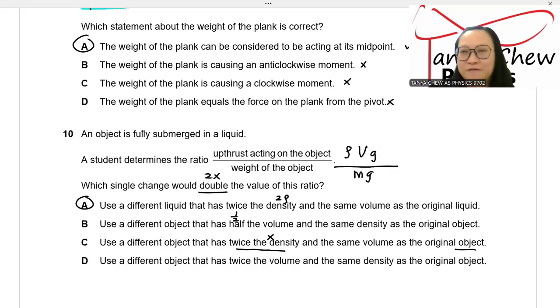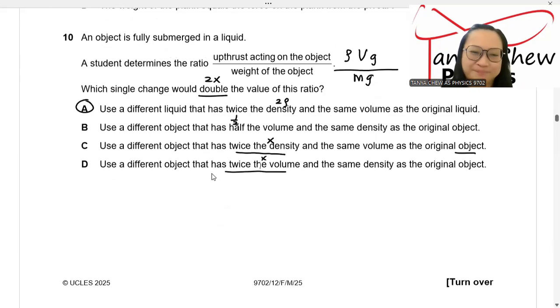It would not contribute to this ratio. D: use a different object that has twice the volume and the same density as the original object. I don't need twice the volume because V is the volume of the liquid, so it would not contribute to the ratio. That is not the answer. So A is the answer.